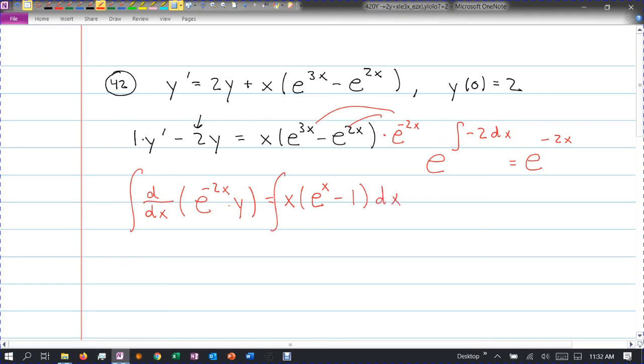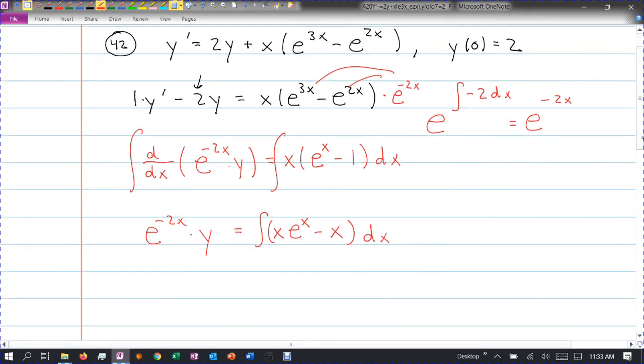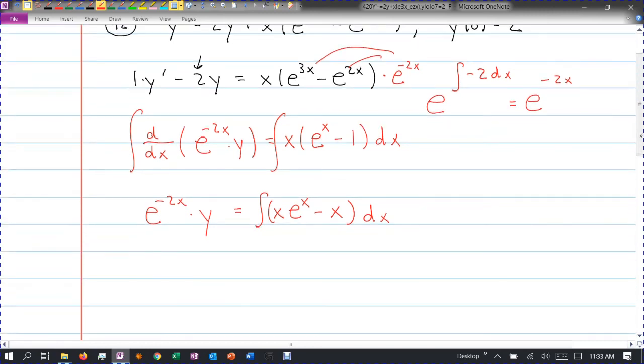So the left side is e to the negative 2x times y, and then equals, this integral will become the integral of x e to the x minus x. We go ahead and integrate that. We're going to need integration by parts, and I think you could probably do that the rest of the way. So I'm just going to write out what it would be when we solve for y.